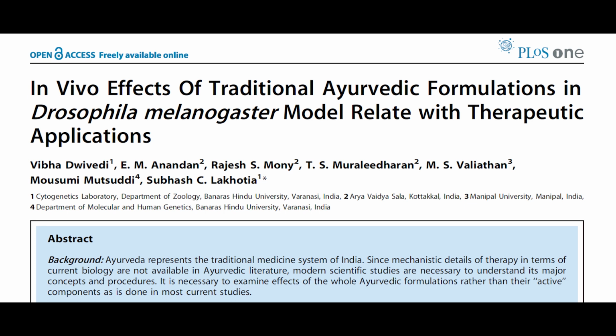in vivo effects of traditional Ayurvedic formulations in Drosophila melanogaster model, related to therapeutic applications. The same group, yes, this is PLOS ONE, and the period of publication was 2012.